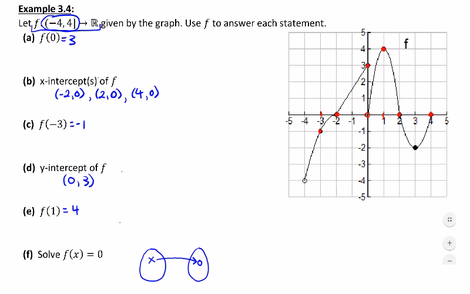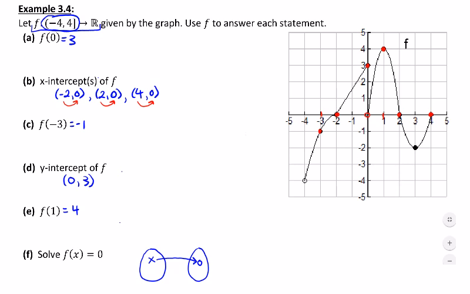So we need to figure out what are the x values that are going to end up mapping to 0. Well, the good news is we actually already have this information written down. Back up here with part B, we said -2 would map to 0, 2 would map to 0, and 4 would map to 0. So we already know all of the x values that are going to map to 0.